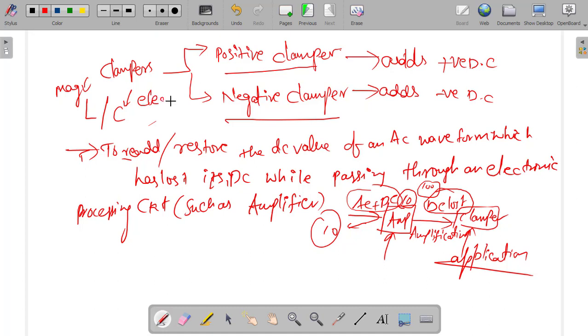That is the difference between inductor and capacitor. But in order to restore or add DC, we need an element capable of storing energy. The inductor stores magnetic energy, but here we need electric value.